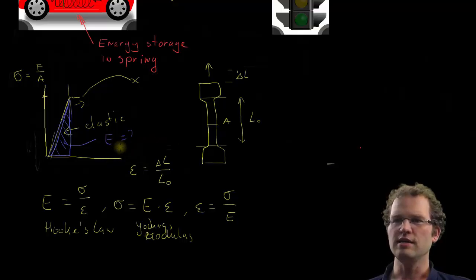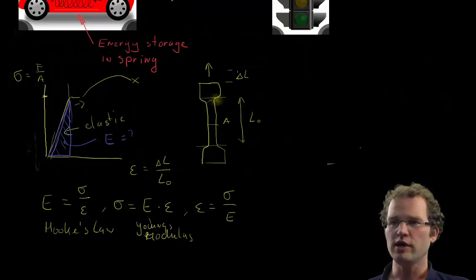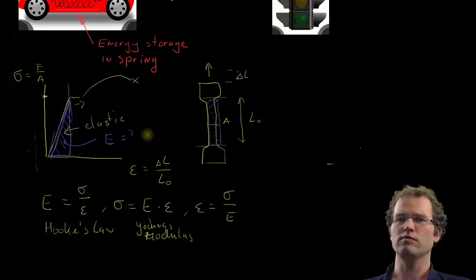Well, it's not exactly the energy. The unit is not joule, because we divide here by cross-section area, and we divide by the original length. So in fact we divide by the total volume of the test bar, the total volume of the original test bar that is subject to stretching.